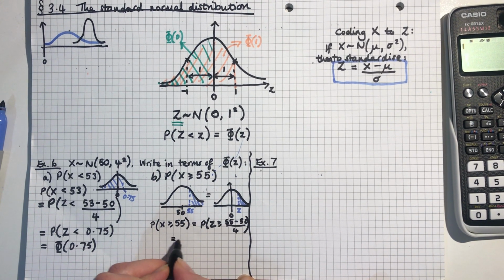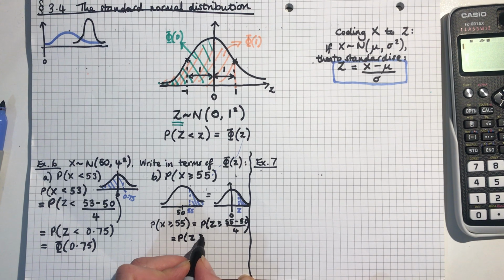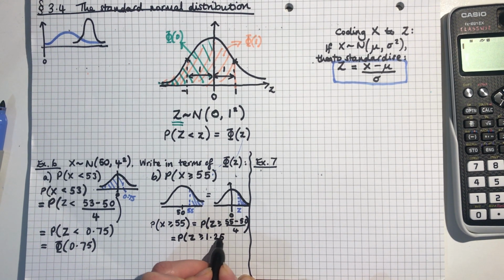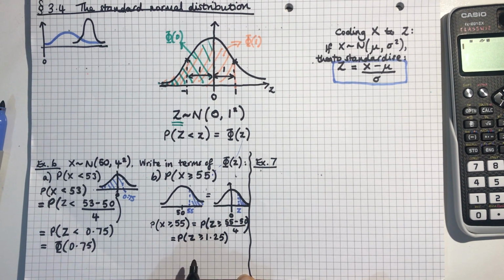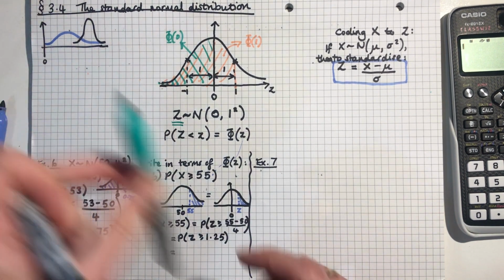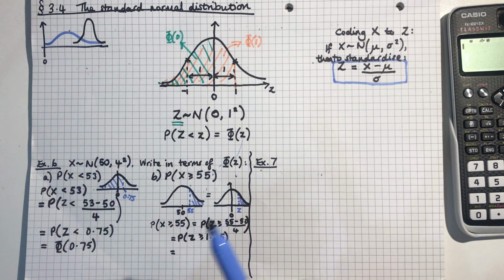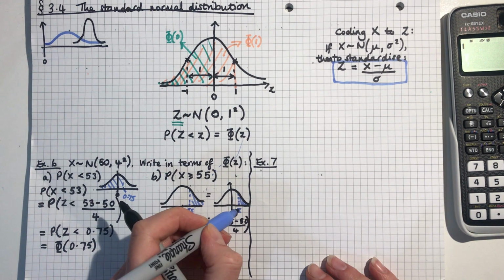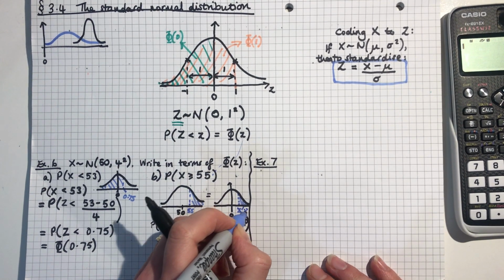So that's the probability that z is greater than or equal to, what have we got here, 5 over 4 or 1.25. But phi is always the area less than a value. So phi of 1.25, let's mark on 1.25 here. So that was 1.25.